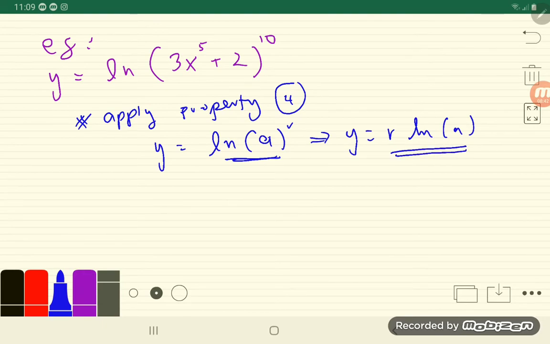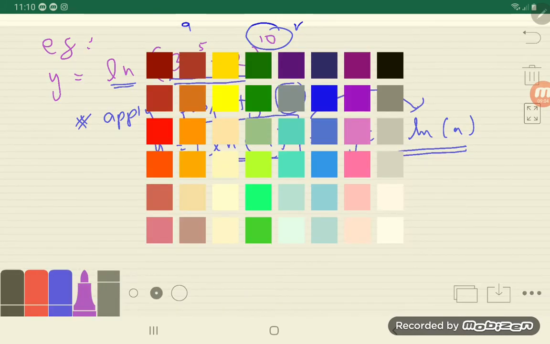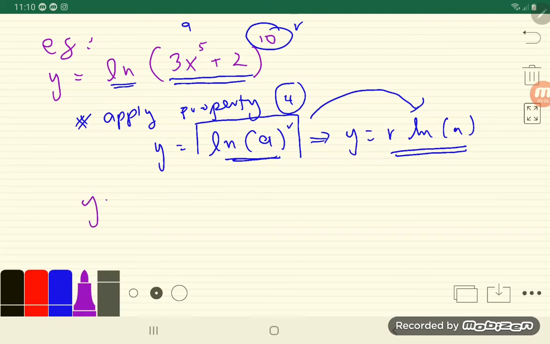This is our ln, this is the value of a, and this is the value of r. Converting it, the new form will be y equals 10 ln of 3x to the power of 5 plus 2.